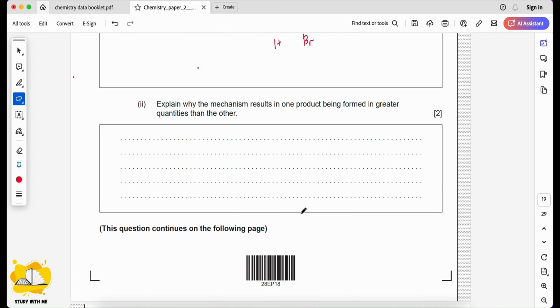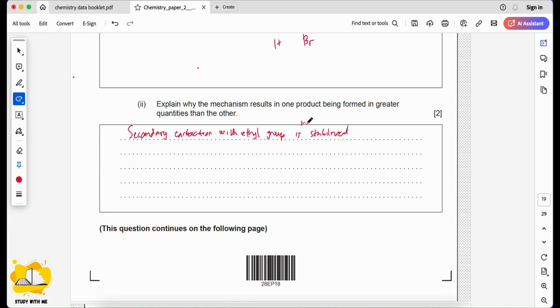Explain why the mechanism results in one product being formed in greater quantities than the other. So it's because the secondary carbocation with the ethyl group is stabilized.